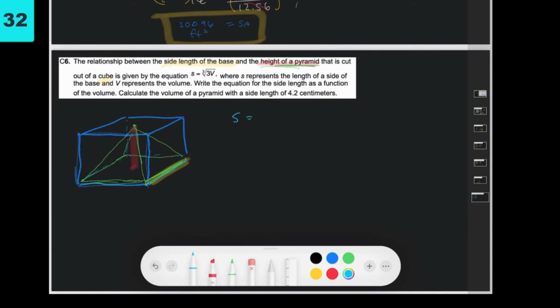S equals cube root of 3V, where S represents the side length, so let's do our highlighting here. S represents the side length of the base, and the V here represents the volume. Write the equation for the side length as a function of volume.